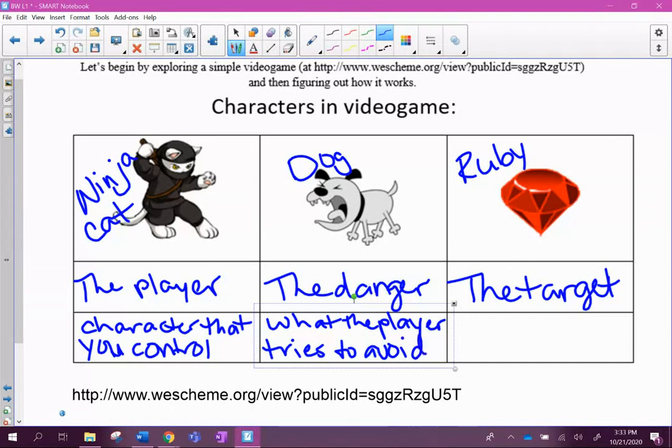Okay, and then our target is the item the player wants to collect. Okay, so the point of the game was for NinjaCat to collect the rubies and avoid the dogs. Because anytime I hit the dog or the dog hit me, I lost a life. So NinjaCat wanted to collect the rubies but avoid the dogs.